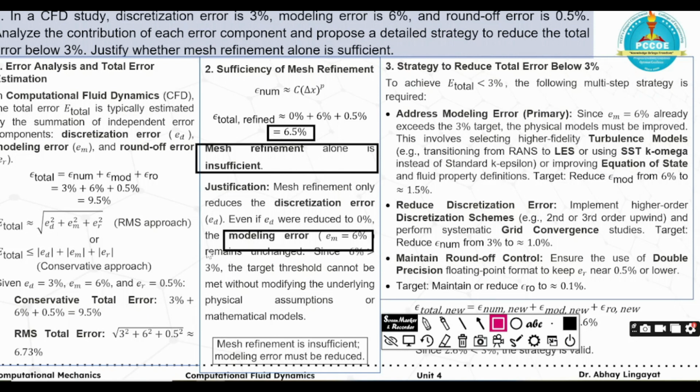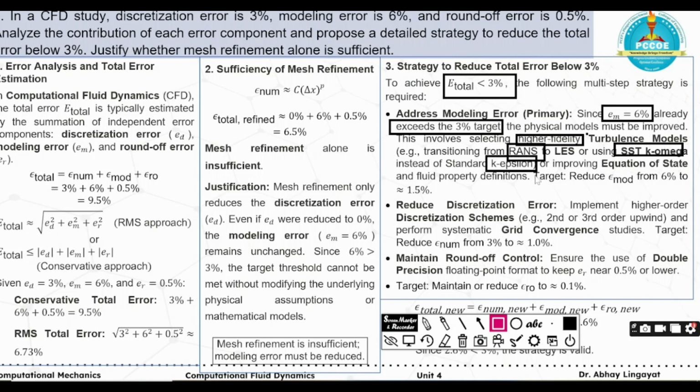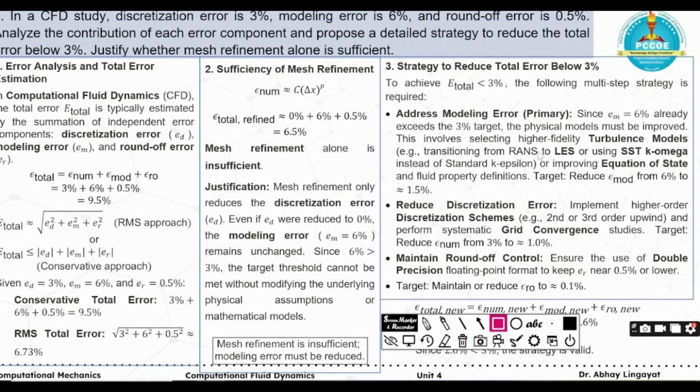So to achieve the total error less than 3%, we must address the dominant error sources. In our case, modeling error is 6%, which is itself more than our 3% requirement. So we must transition to a higher fidelity physical model, as in the RANS model with the standard K epsilon or K omega SST for better separation predictions, or we can go with the LES, large eddy simulation, if time permits.